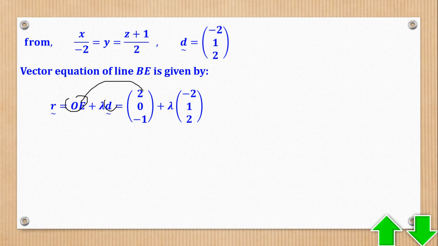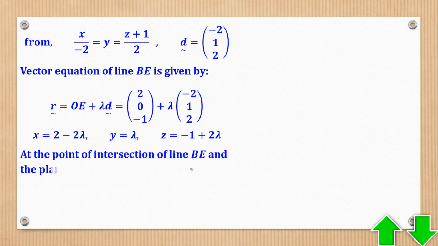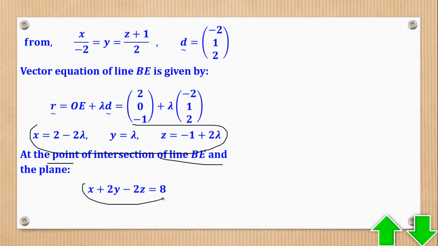Point E was given, direction is now known. So that becomes the vector equation of line BE. Parametric becomes that: 2 minus 2 lambda, then 1 plus lambda, negative 1 plus 2 lambda. So at the point of intersection of line BE and the plane, these should satisfy the equation of the plane.